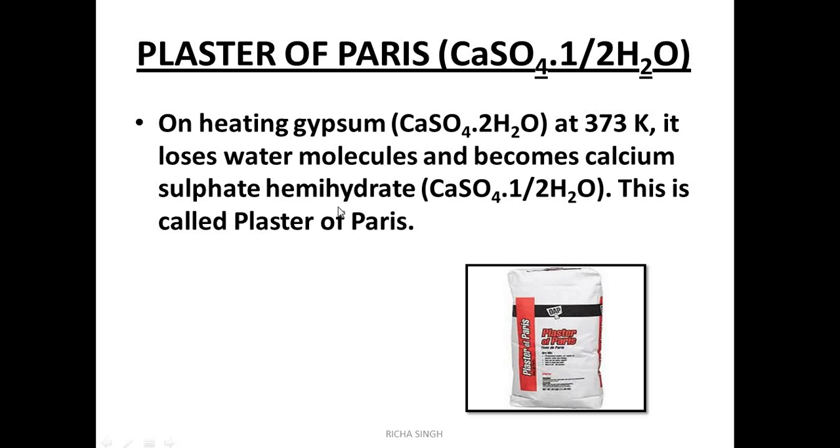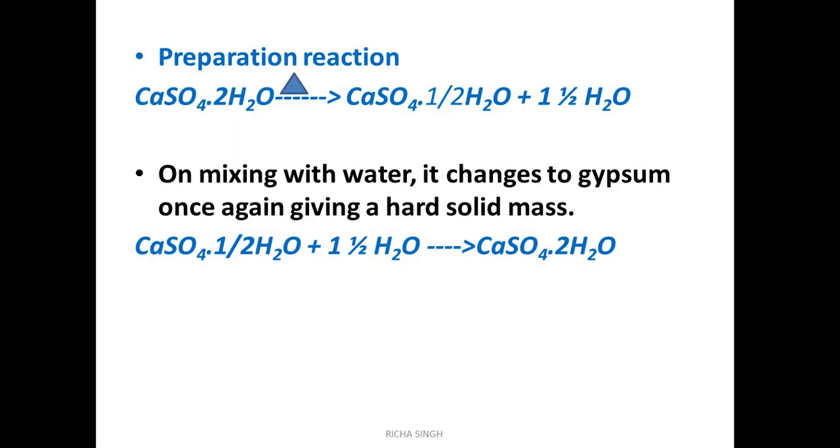You must have heard the word POP, plaster of Paris. It is also used in fractures and all. So let's see the reaction. CaSO4·2H2O, that is your gypsum, or calcium sulfate dihydrate, when heated, the temperature plays a very important role here. The temperature should not be more than 140 degrees Celsius.